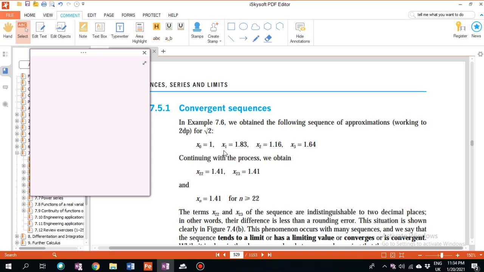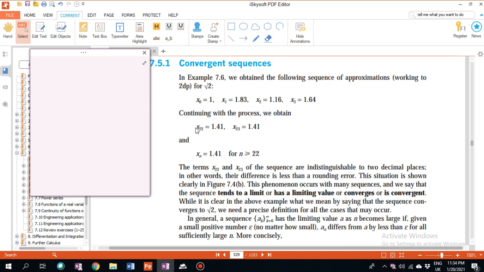For example, when n equals 0, x_0 is 1, x_1 is 1.8, x_2 is 1.6, then x_3 is 1.64, meaning the values start to increase and fluctuate. If we keep on calculating, we will notice that, for example, at one moment x_22 will be 1.41.